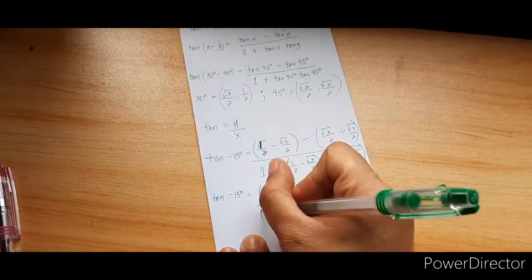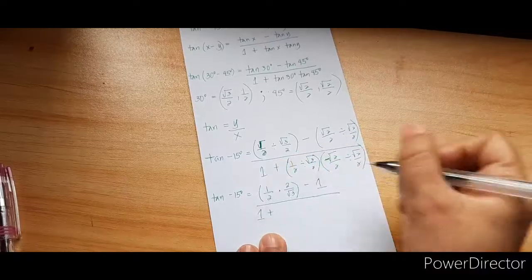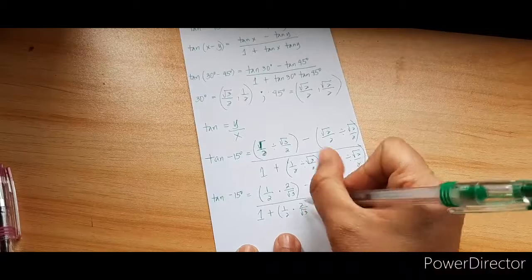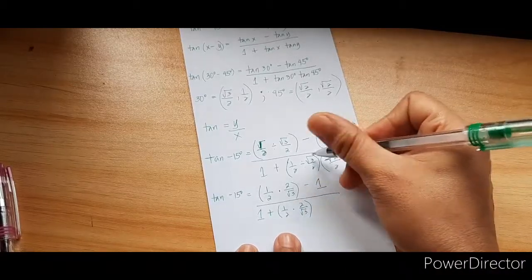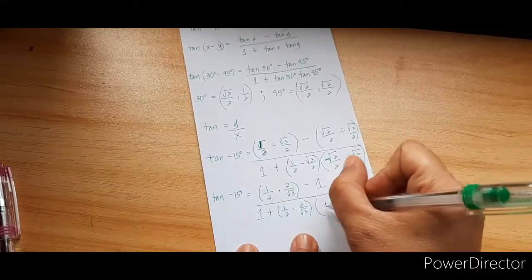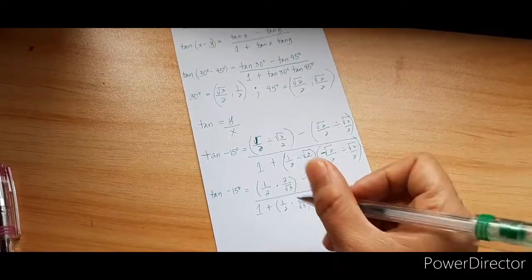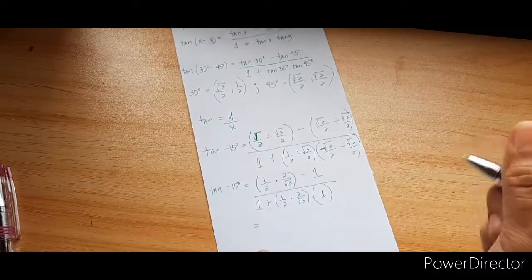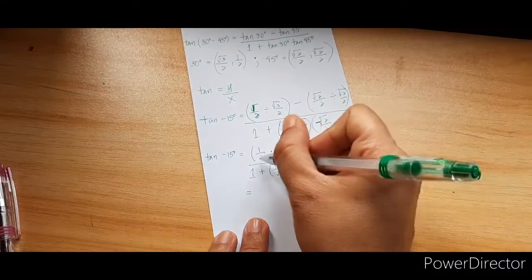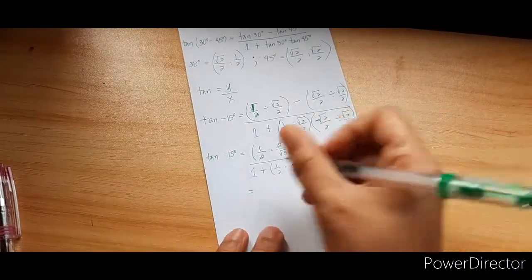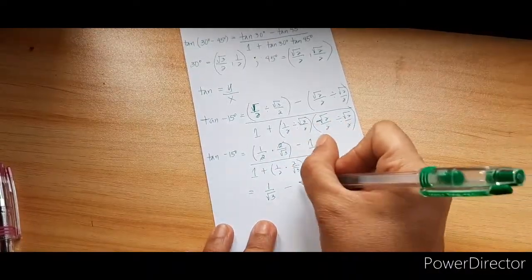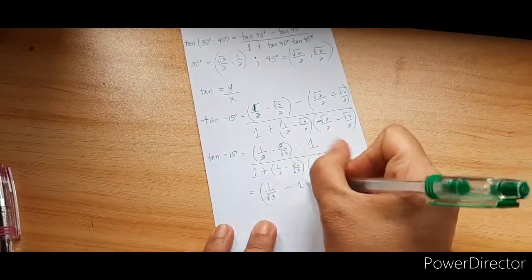Over 1 plus 1/2 times 2 and square root of 3. Diba? Reciprocal. Multiplied by, again, square root of 2 divided by square root of 2 is equal to 1. Okay, there we go. And then let us simplify further. We can cancel this already, isn't it? Okay, so ang natira ay 1 over square root of 3 minus 1, over 1 plus 1 over square root of 3. Okay?